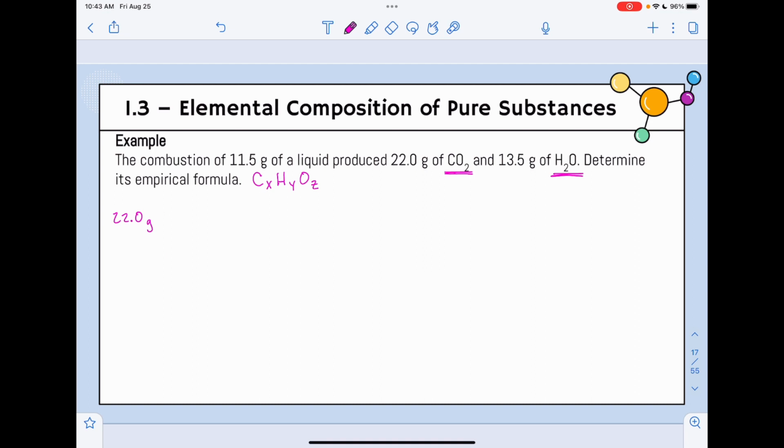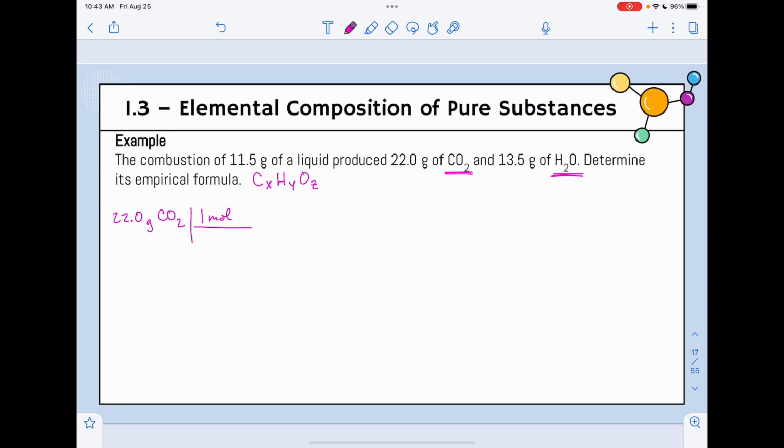So we've got 22.0 grams of carbon dioxide. Now, this number has 3 significant digits because there's a decimal, so anything after the decimal, whether it's a 0 or a number, is considered significant, as long as it's not a leading placeholder 0. We'll get better at significant figures, I promise. We are going to convert our grams of carbon dioxide into moles of carbon dioxide.